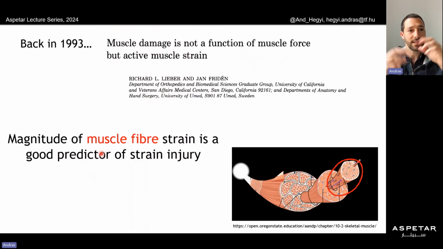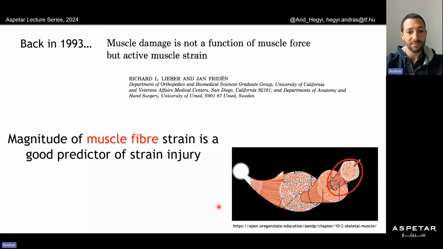Now, if we go back in time to 1993, this is one of the first studies which showed that the magnitude of muscle fiber strain is a good predictor of strain injury. So here's the first discrepancy. What we can see in most of the studies on humans are length changes of the whole muscle tendon unit.